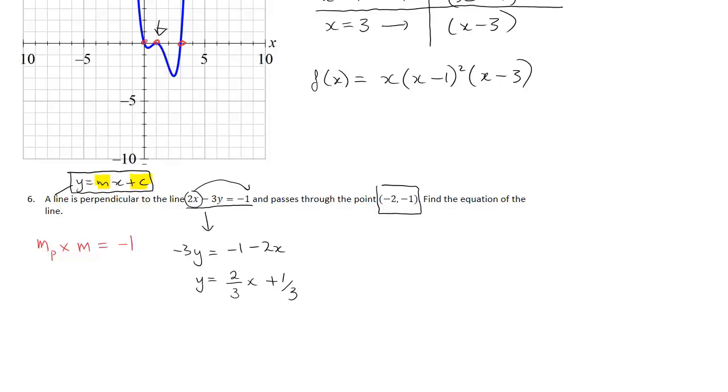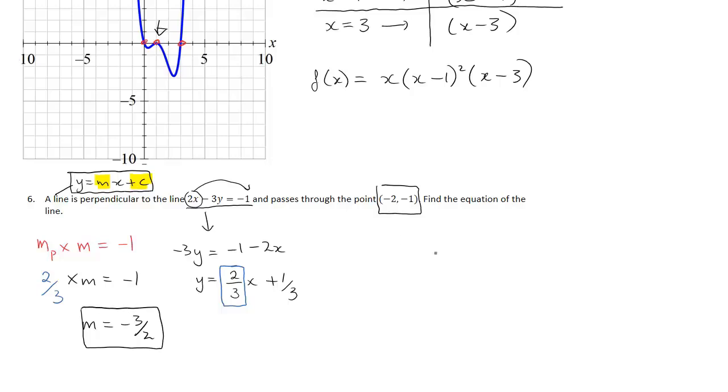So the perpendicular gradient is 2 on 3. So that's 2 on 3 there. I go times by m, and it's equal to -1. So m, the gradient of your unknown line, is going to be -3 on 2. That's just from transposing.